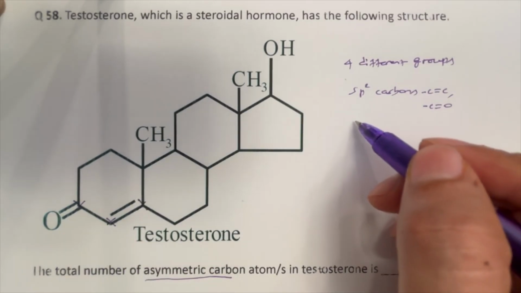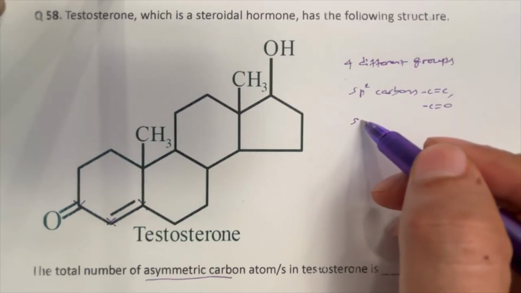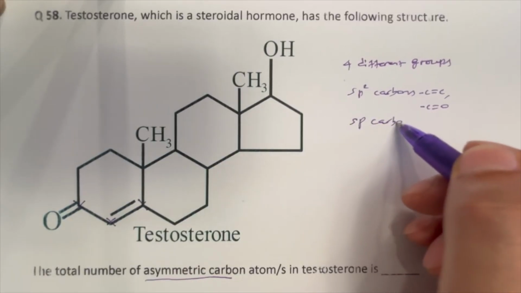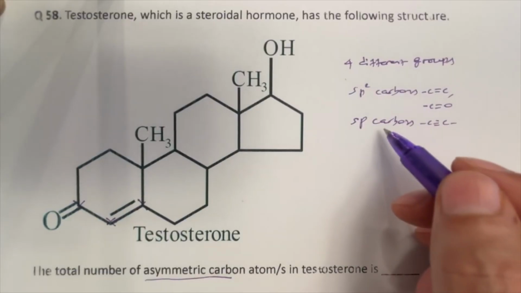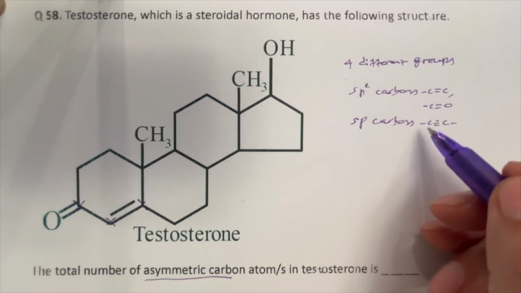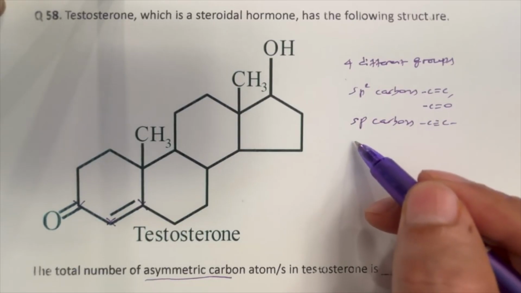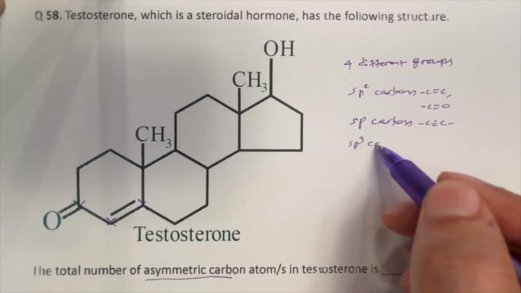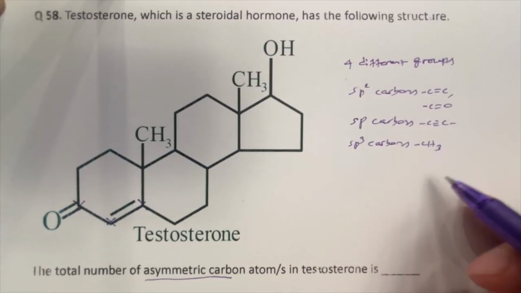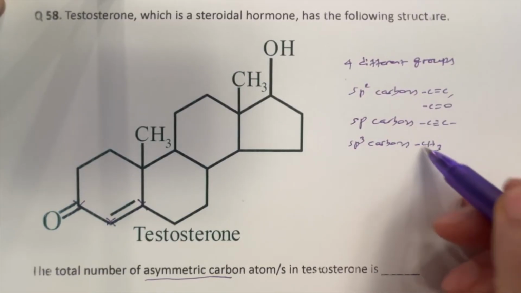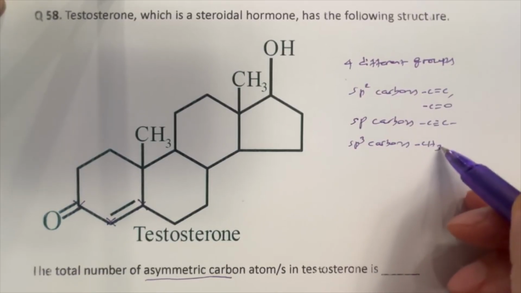We can also eliminate sp carbons. We don't have triple bond here, but if we do have triple bond in the structure, then you can eliminate those. We can also eliminate sp3 carbons that are part of the methyl group, because here you have 3 hydrogen atoms.